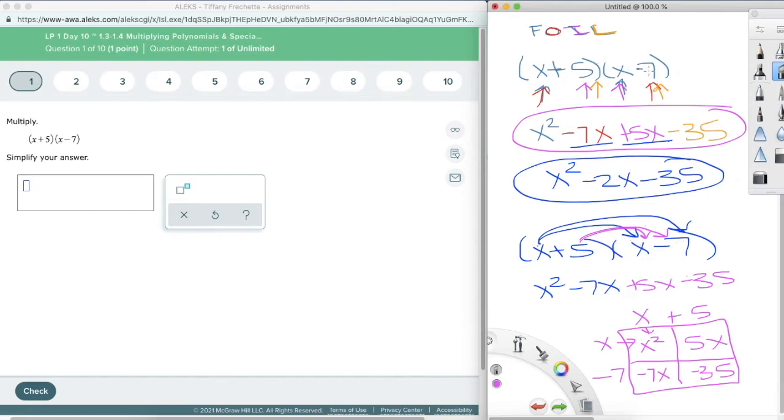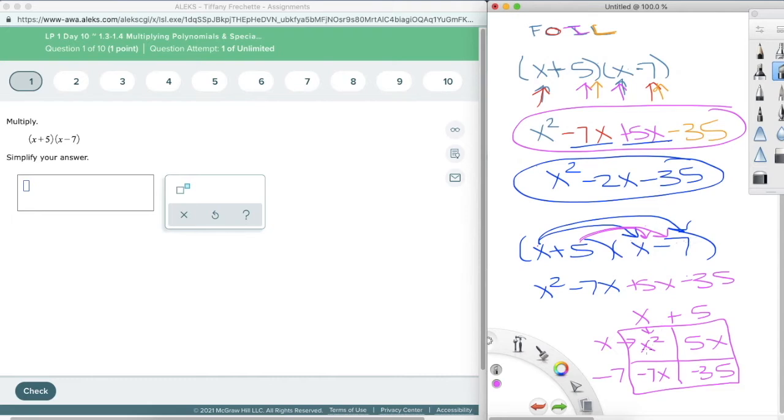Once we start getting to bigger pieces, like a binomial times a trinomial, FOIL doesn't work anymore because there are too many pieces. The first, outside, inside, last doesn't match up for every piece. So we would want to do something more like this in that situation. It all depends on what makes the most sense to you, but there are multiple ways to do this.